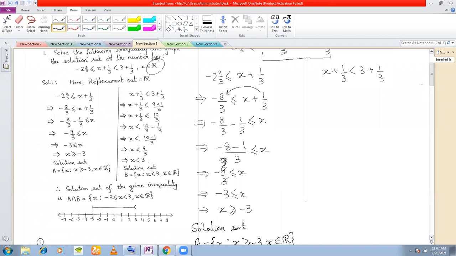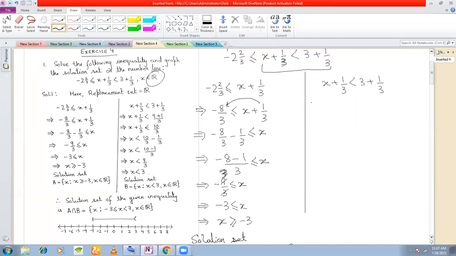Look at the second inequality here. We solve this now. So from here, you will get x less than 3 plus 1/3. You take this 1/3 to this side. So this plus 1/3 minus 1/3 will cancel.